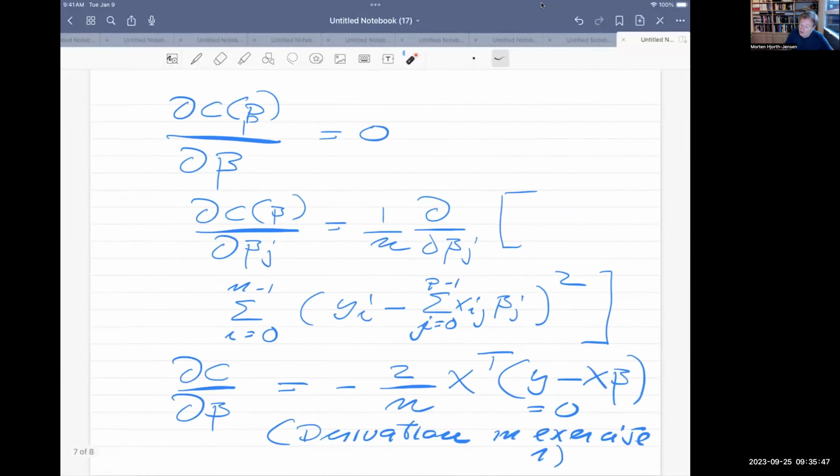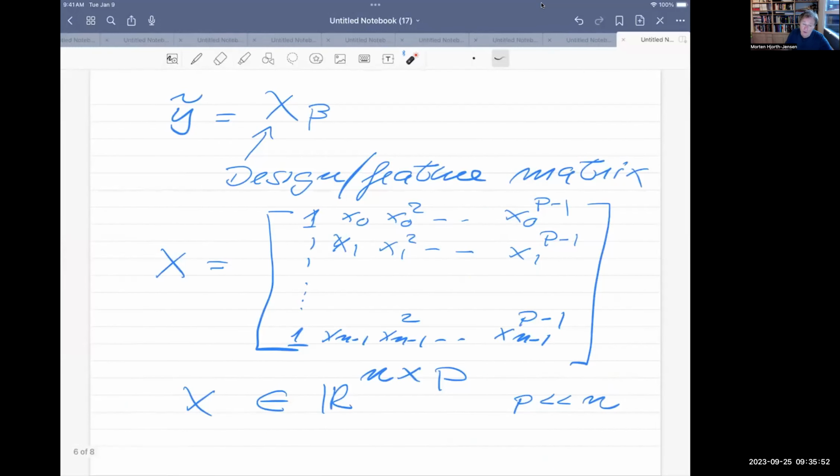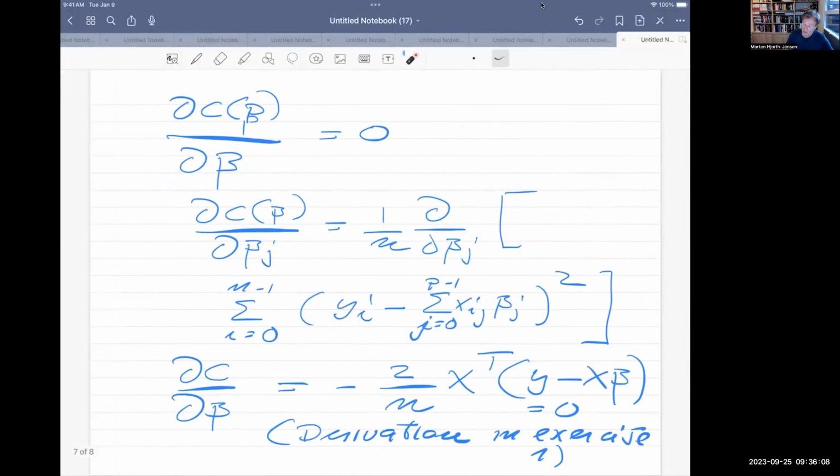The other thing which is important to keep in mind is that the reason why we call this linear regression is that even if the design matrix now represents a polynomial, the model which we have here is linear in the unknown parameters beta. And this is why we call this linear regression.